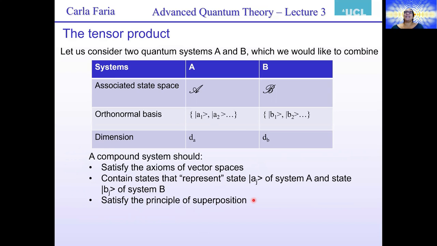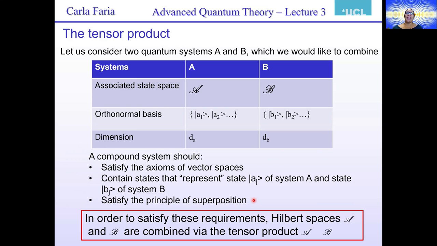This compound state space that you create has to behave like a state space. So everything we have defined so far for state spaces must hold. And in order to satisfy these requirements, Hilbert spaces A and B are combined via a tensor product.